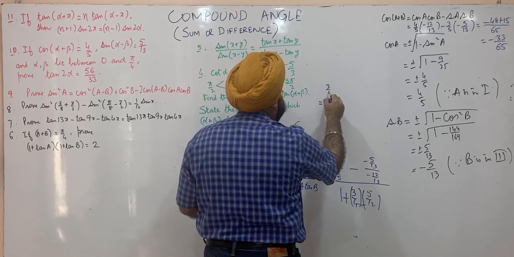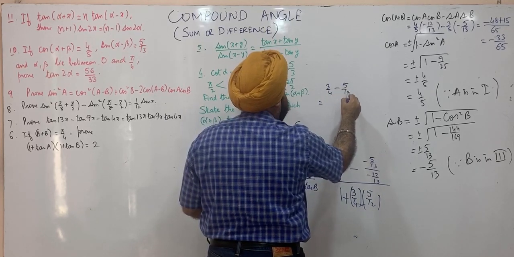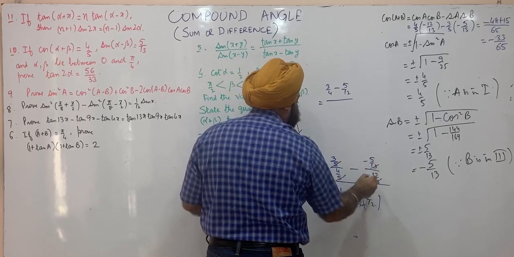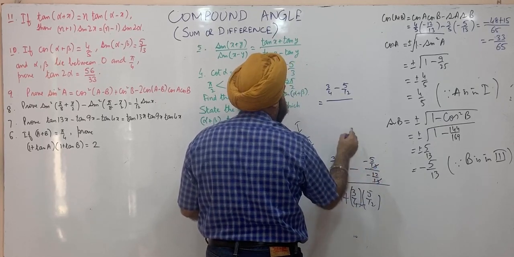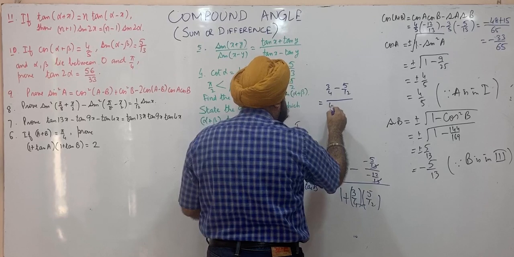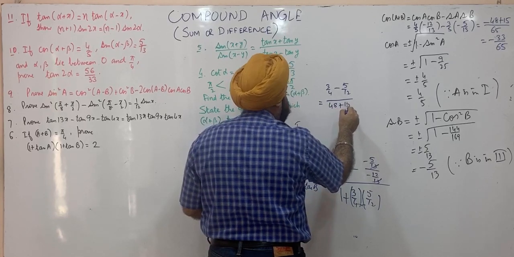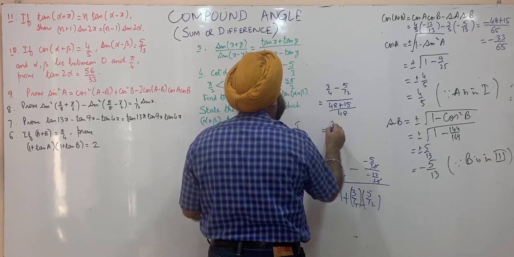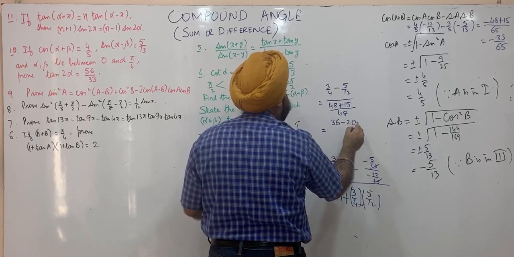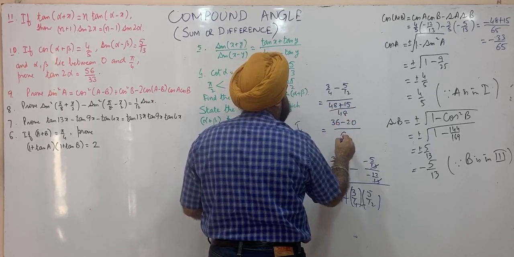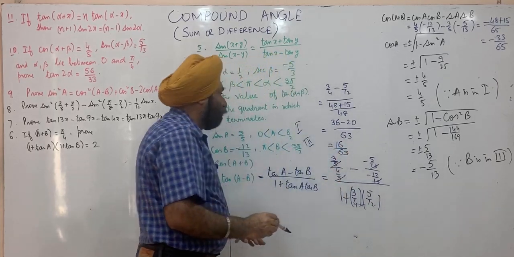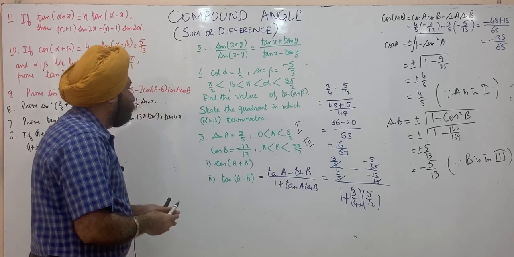This is 3 by 4 minus 5 by 12. This will cancel out, this will cancel out. So 3 by 4 minus 5 by 12. This is 48 plus 15 upon 48. So that's 48. This will be 36 minus 20. 48 LCM will cancel out. This is equal to 16 by 60. This is how we find the value of tan of A minus B.